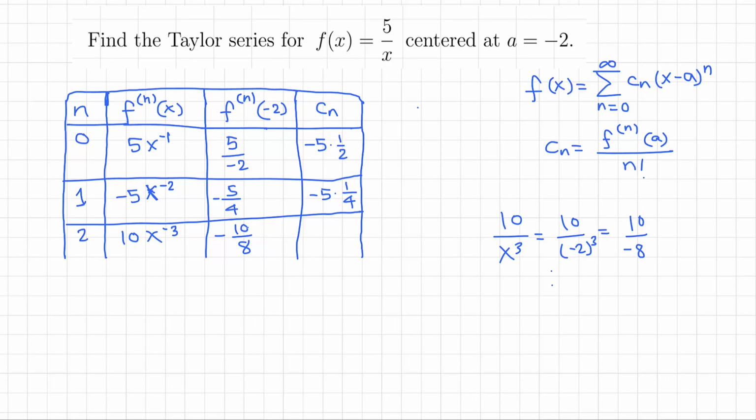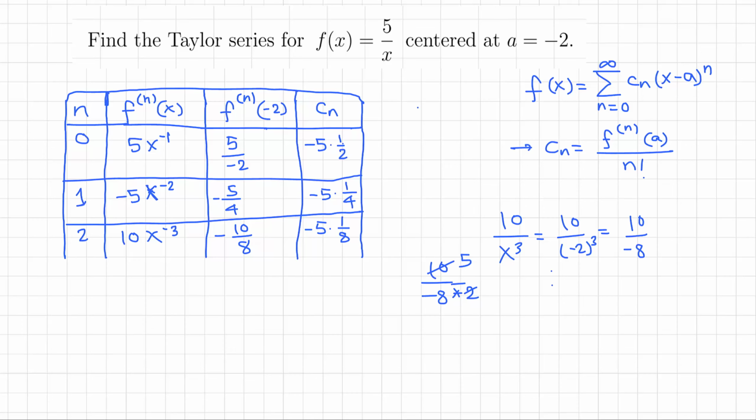Now we need to divide by 2 factorial. 2 goes into 10 five times, so -5 over 8. Negative 5 times 1/8.